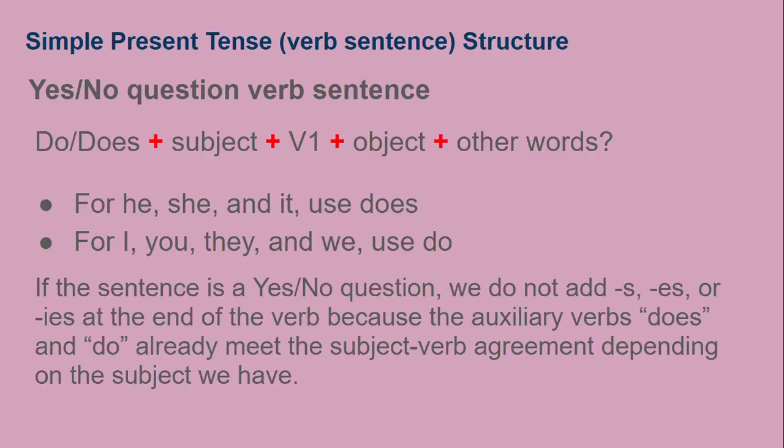Now, let us keep in mind that if the sentence is a yes-no question, we do not add s, es, or ies at the end of the verb because the auxiliary verbs does and do already meet the subject-verb agreement depending on the subject that we have. So as long as we have used our auxiliary verb, we do not change our verb at all.